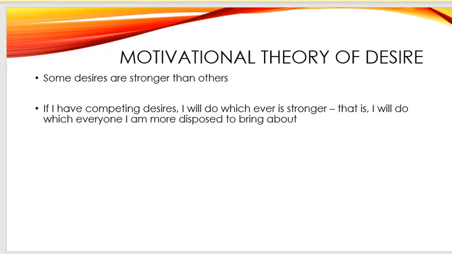So if I prefer to be thin, then I will be more disposed to doing things that I believe are congenial to staying thin. But I also do like to eat ice cream at night. So if I see there's a conflict there and I desire to stay thin more than I desire to eat ice cream, then I'll be more disposed to not eating ice cream at night. And so that's how it works. It always would reduce to this disposition to bring about a certain state of affairs in the world.